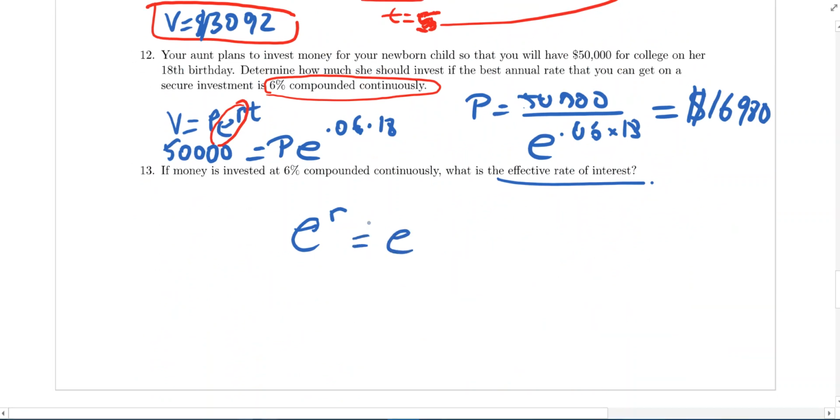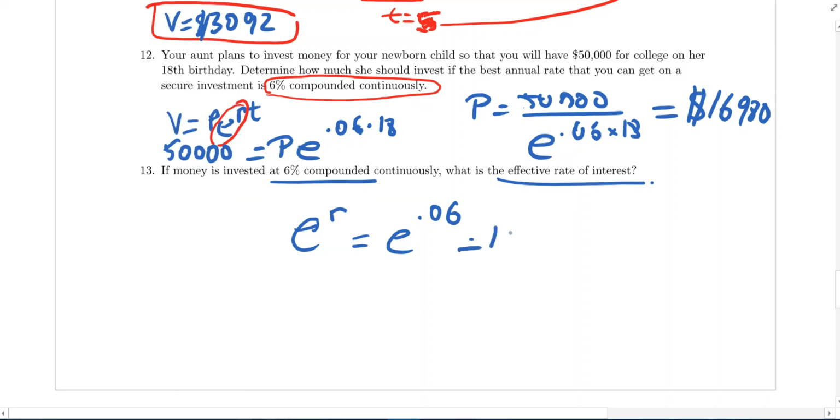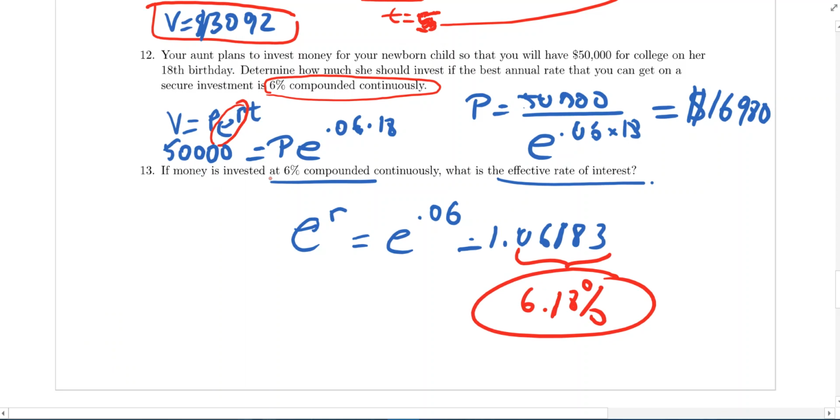So e to the 0.06 because it's 6%. So when you put that in, it's 1.0618. So the effective rate of interest is 6.18%. So it's slightly higher than the 6% that was reported.